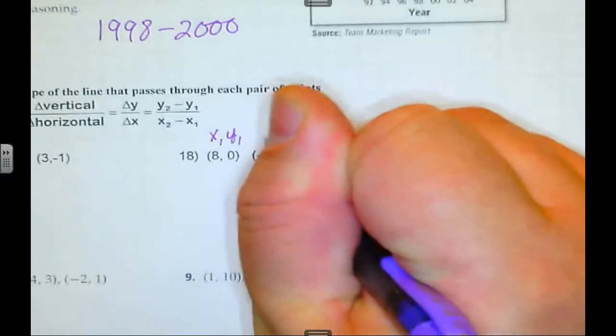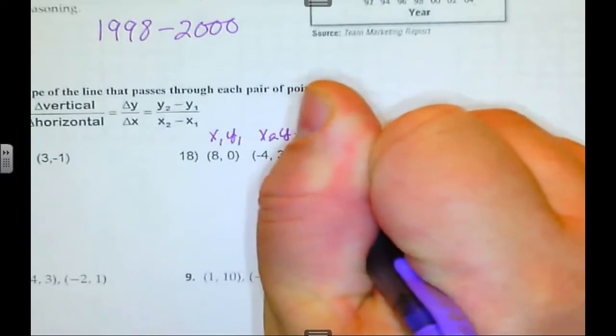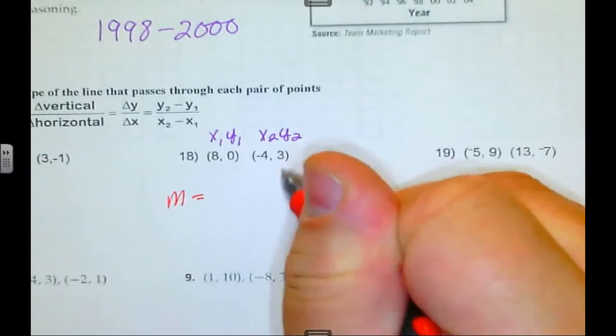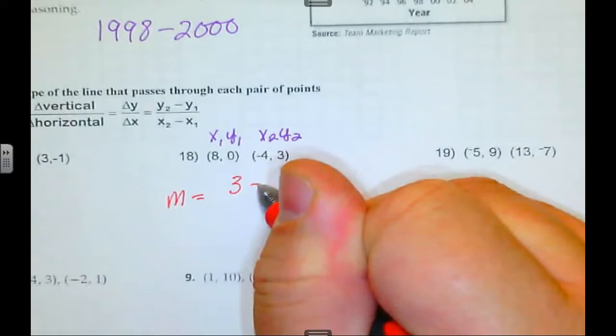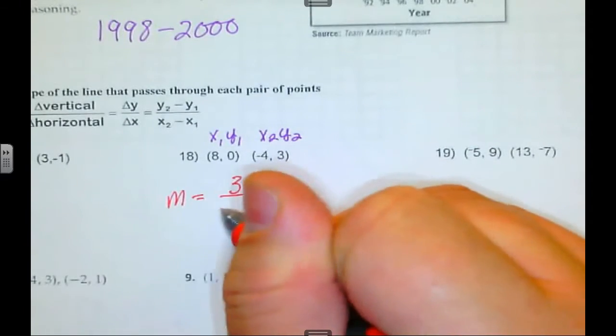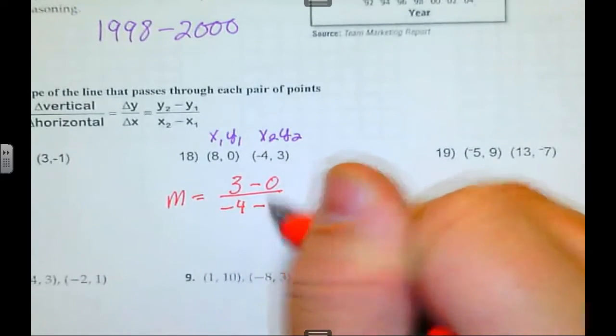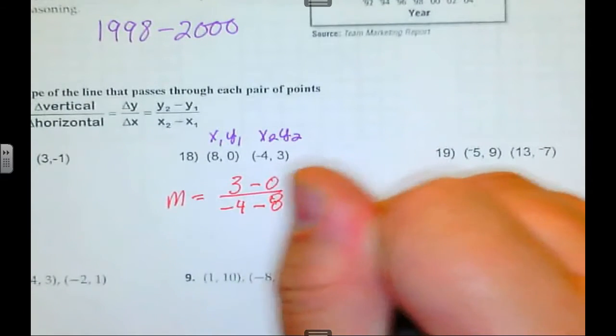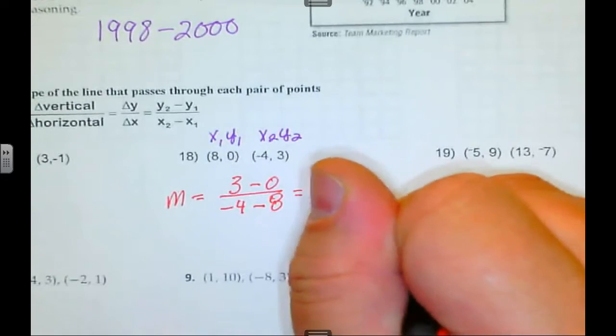X1, Y1, X2, Y2. So my slope equals Y2 minus Y1 over X2 minus X1. 3 minus 0 is 3.